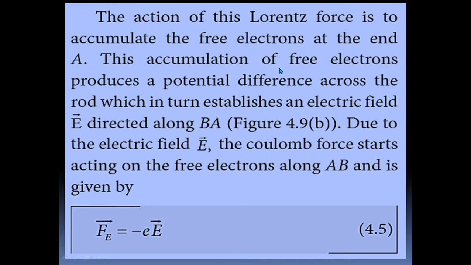This accumulation of free electrons produces a potential difference across the rod, which in turn establishes an electric field E vector directed along BA.